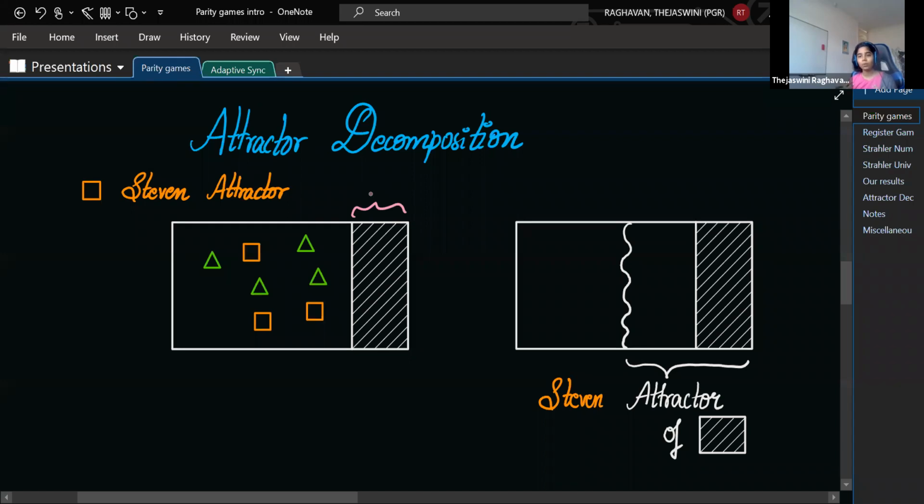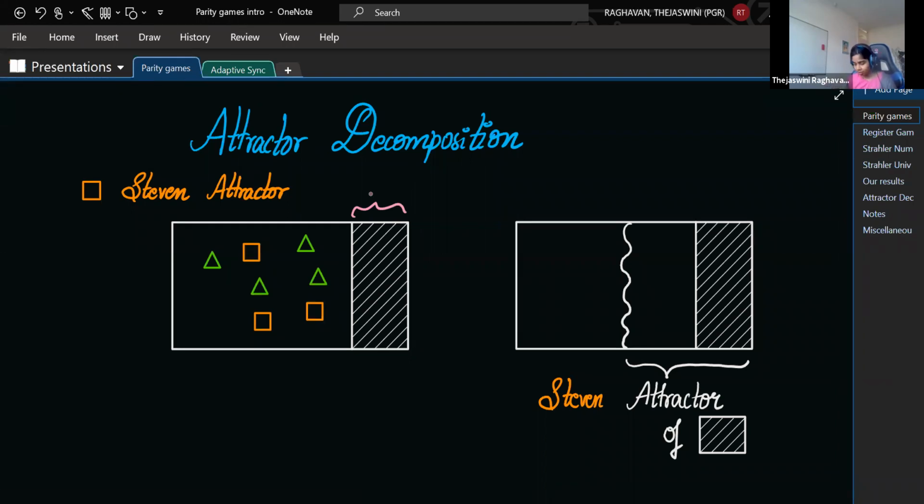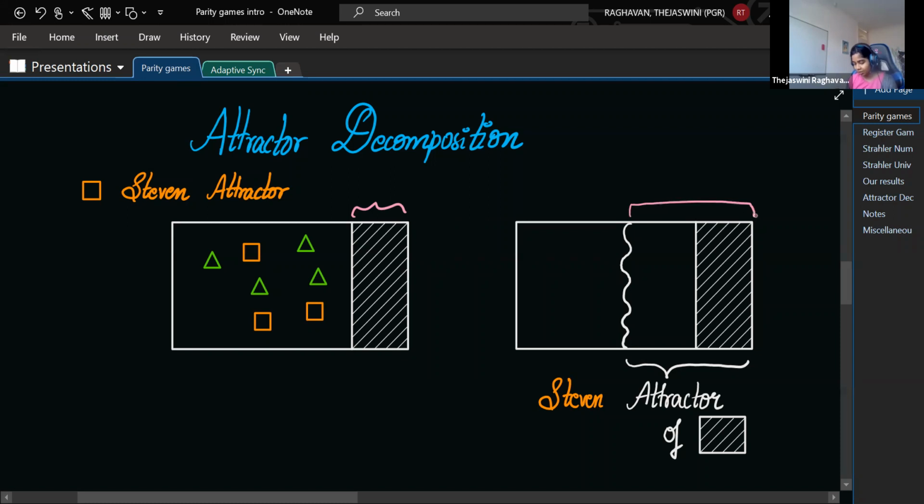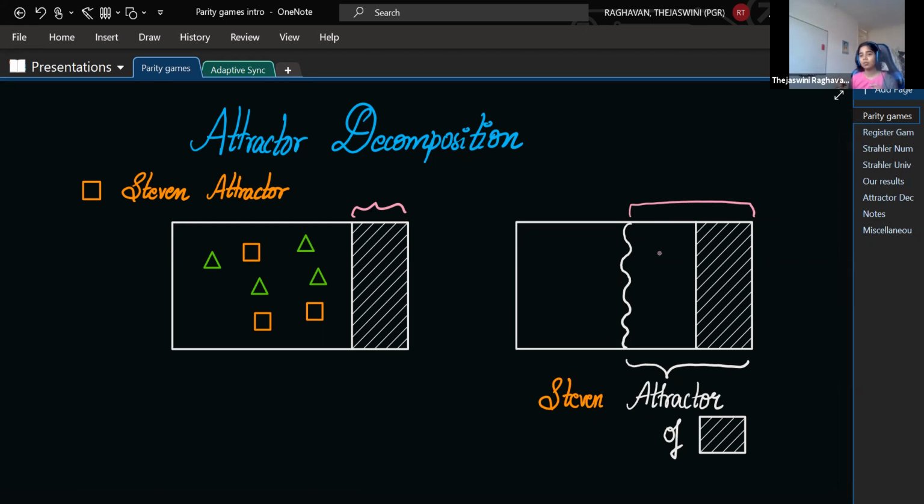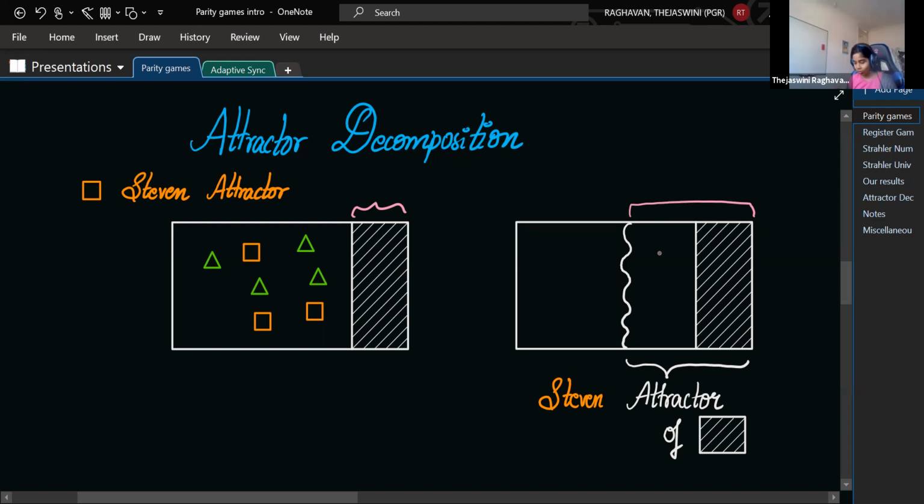If I want to compute Steven's attractor to this set, it will be this bigger set that contains the striped bit. What is this set? It contains all vertices from which Steven can force the play inside the striped set in finitely many moves. For instance, if Steven had a vertex over here with even one edge into the striped set, it would belong to the Steven attractor.